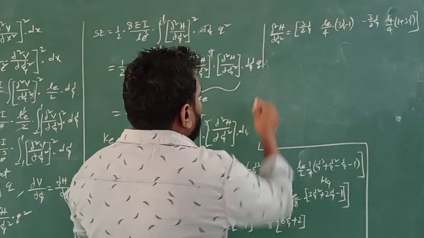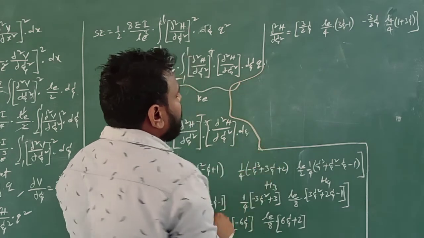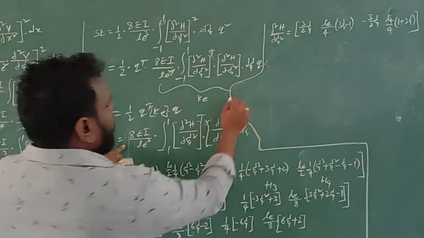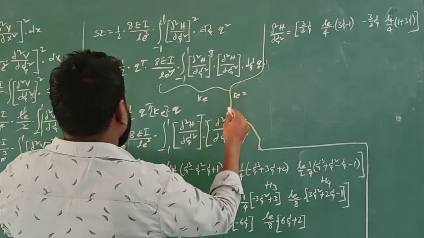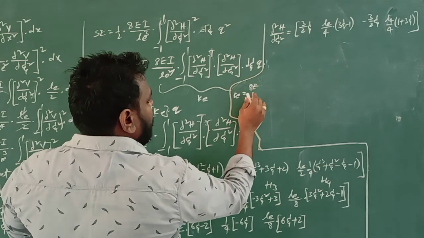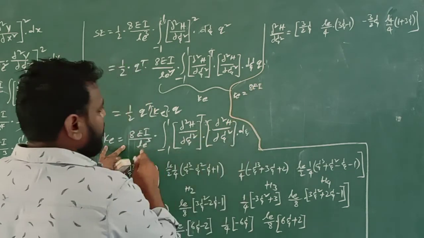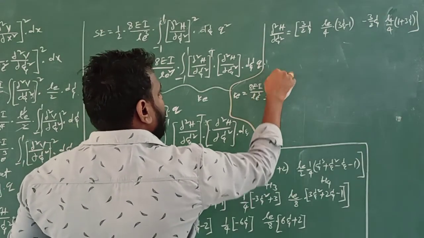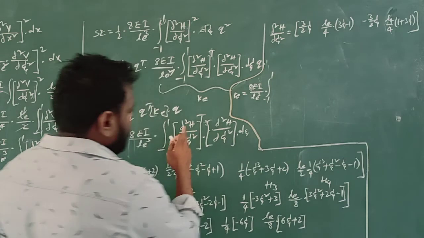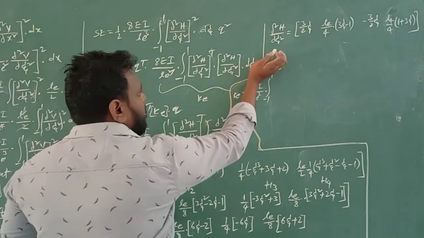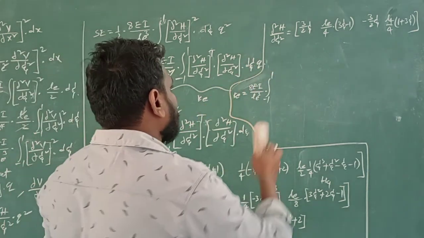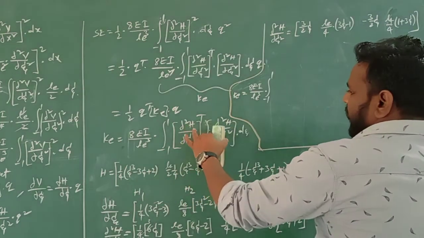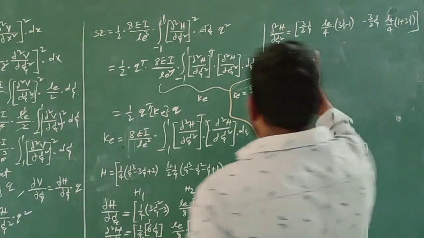So I write the final equation: Ke is equal to 8EI by Le cube into integral from -1 to 1 of the transpose of ∂²h by ∂j², that is this equation is transpose.